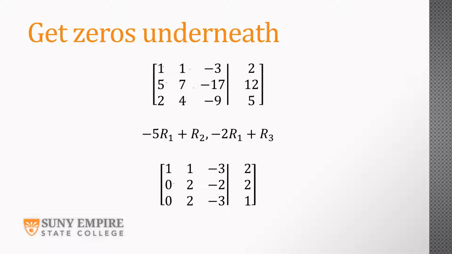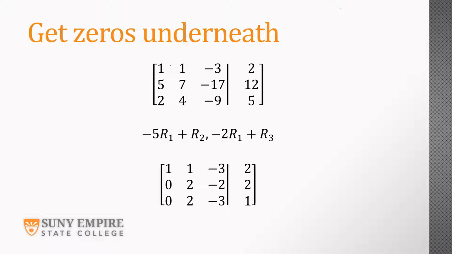-5 times 1 plus 7 equals 2. -5 times -3 plus -17 equals -2. And -5 times 2 plus 12 equals 2.